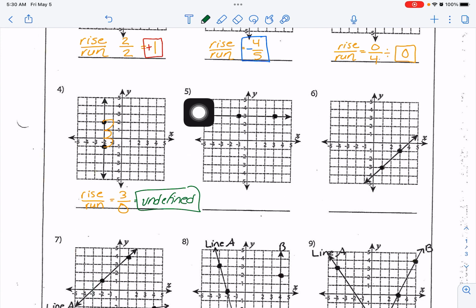So if we look at number 5, without even doing rise over run, we should be able to calculate that slope. And you should be thinking the slope is 0. And you would be correct. For either a vertical or a horizontal line, at this point in time, it's okay if once you see it, you recognize it and just want to write the slope.